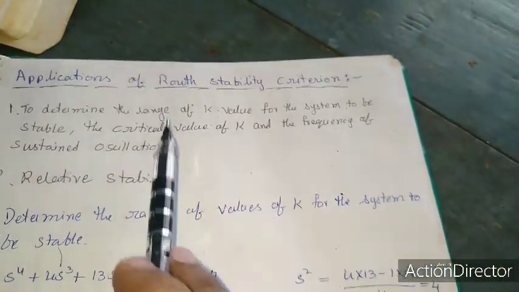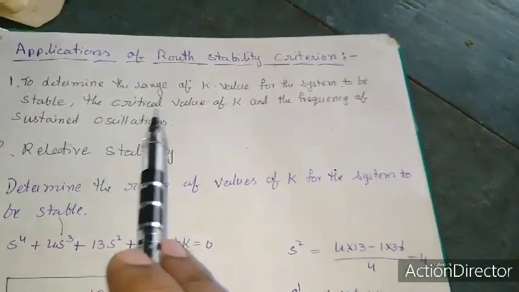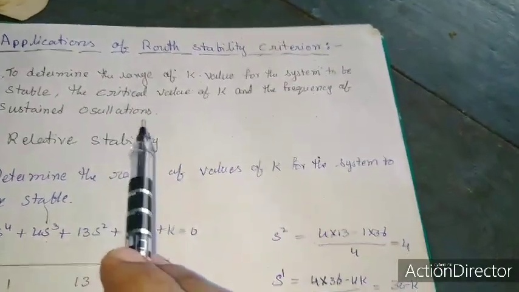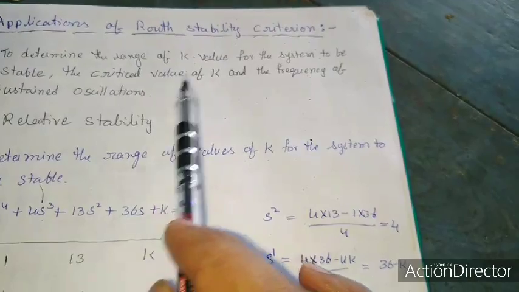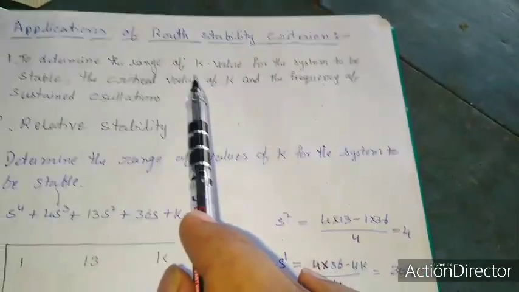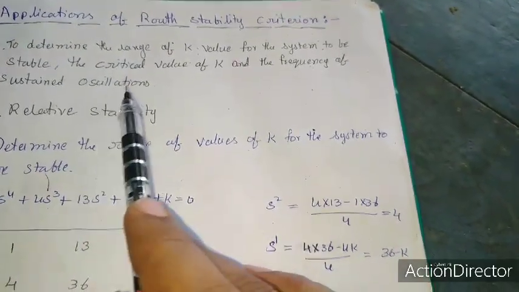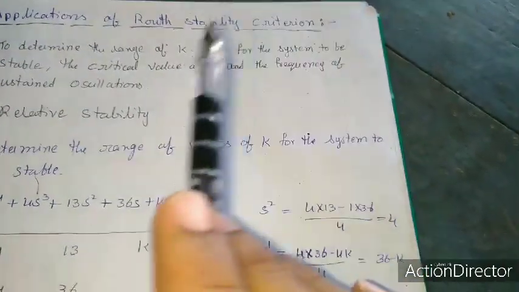One is to determine the range of k value for the system to be stable, and the critical k value and the frequency of sustained oscillations. As we know, k is the system constant, or it is a gain value which depends upon the system parameters. As in previous problems, we took the closed loop transfer function and its characteristic equation.